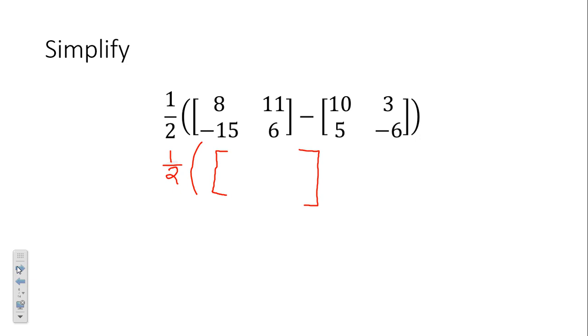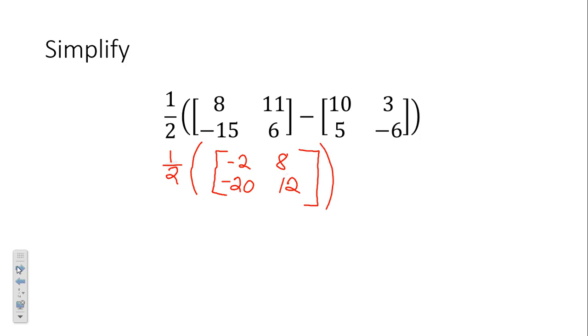So 8 minus 10 is -2. 11 minus 3 is 8. -15 minus 5, and 6 minus a -6, 12. This minus a negative is plus.